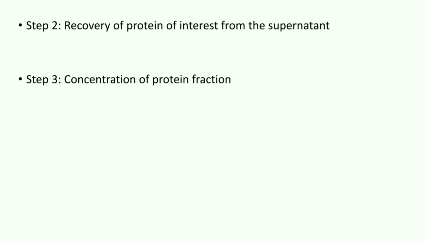In step 3, the protein fraction is concentrated further. This can be done by subjecting the sample to a chromatographic purification procedure so as to get an even more concentrated fraction.